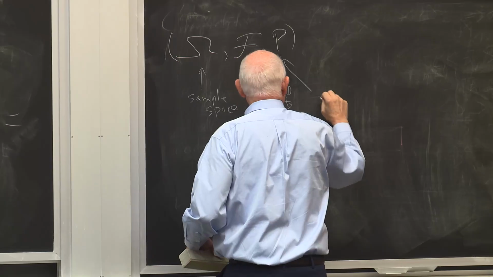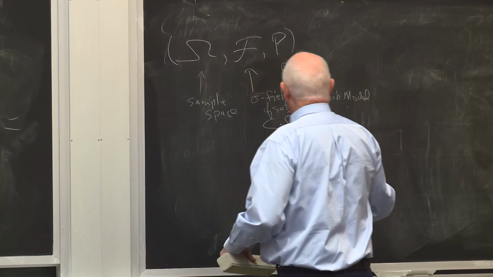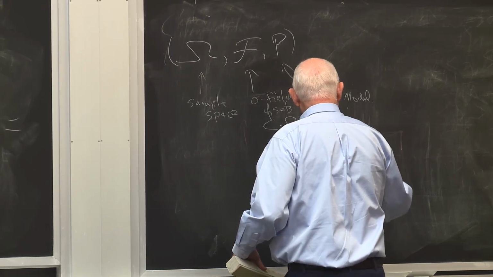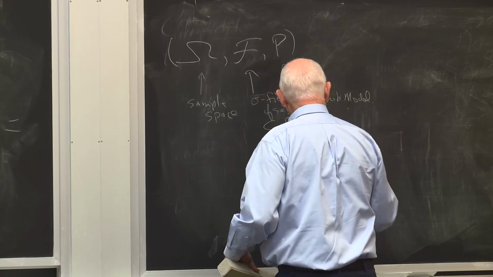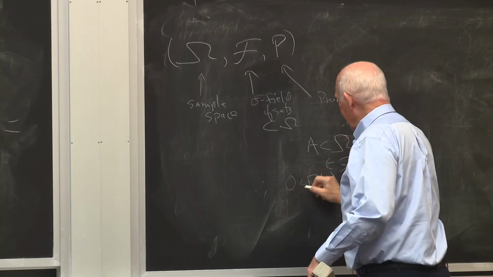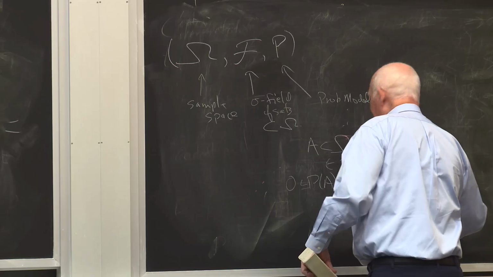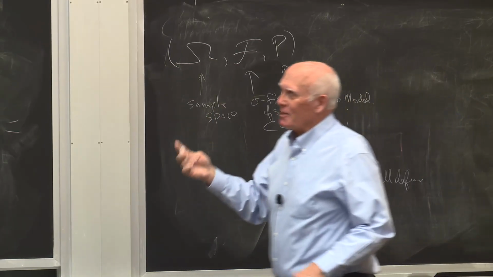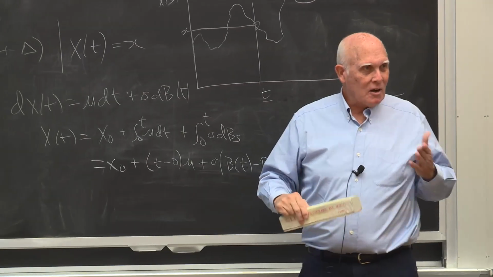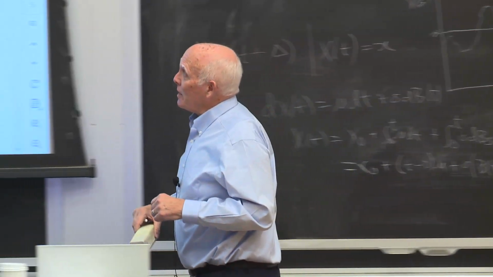And then here we have a probability model where if we have a subset of omega and it's an element of this sigma field, the probability of that set is well defined. So this notation encompasses the generality of probability models that are important to specify and be comfortable with.